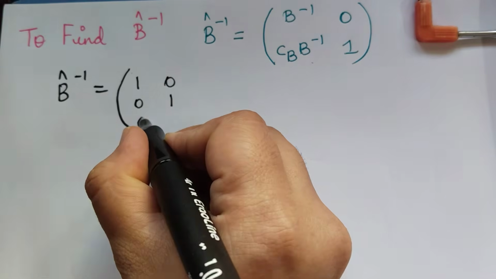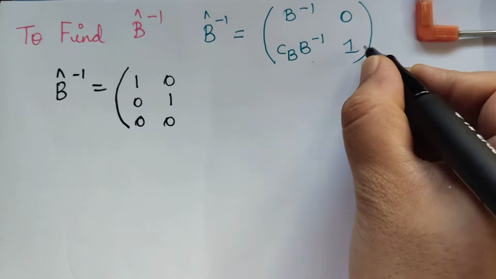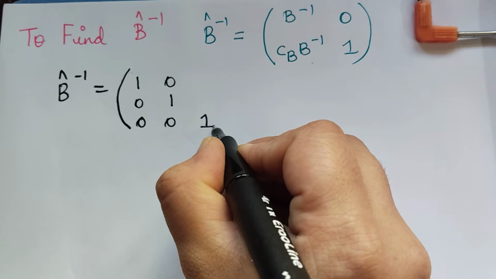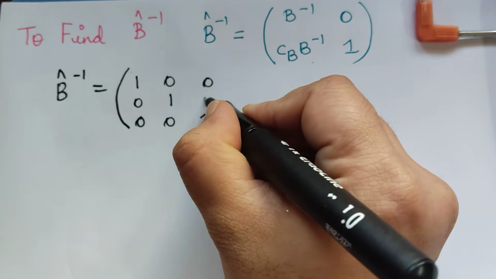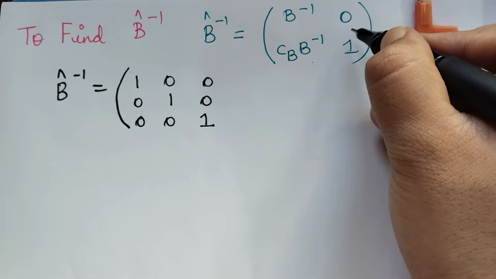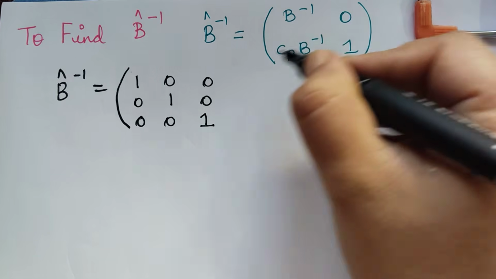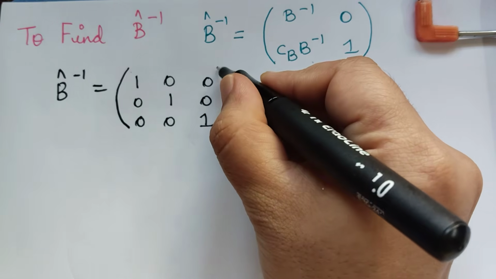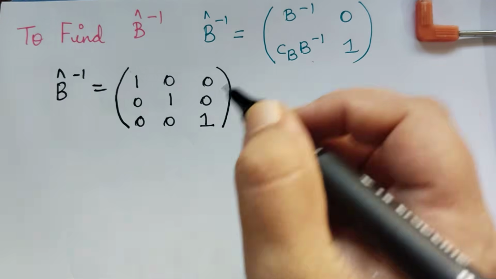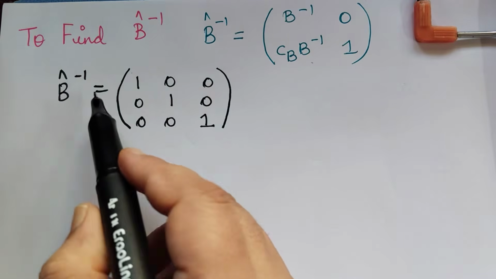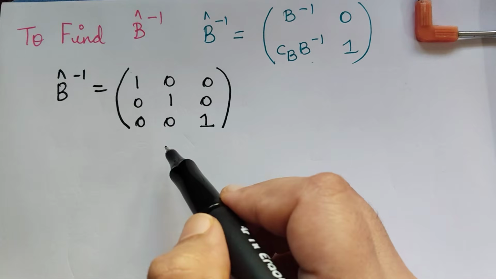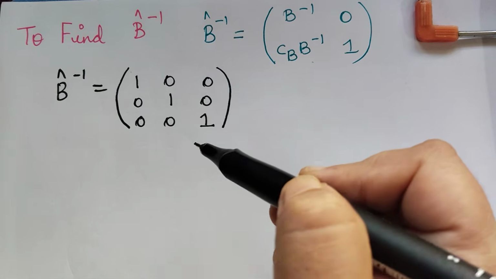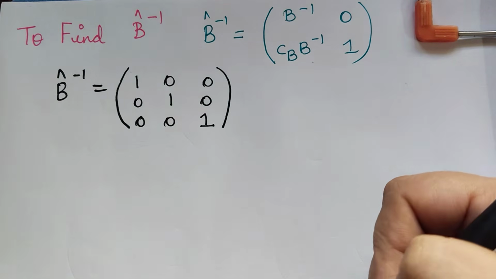So it is 0, 0. And correspondingly we have a 1 over here, so that we have to write. And however many rows you have here, you have to fill it with 0. So this 0 means the number of rows that are available over here has to be filled with 0. So always remember, the first initial B cap inverse will be the identity matrix. So this is the identity matrix, but it will keep on changing according to the iterations.